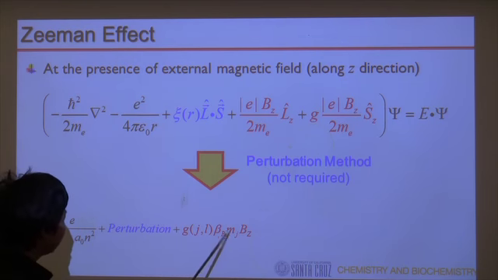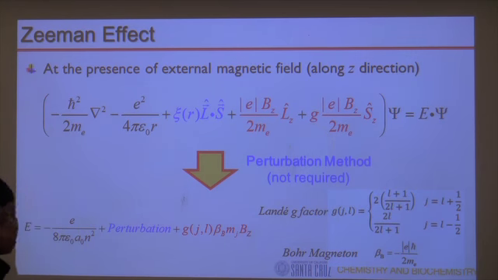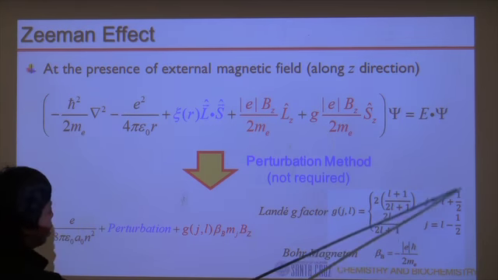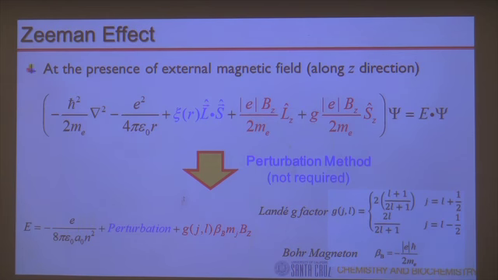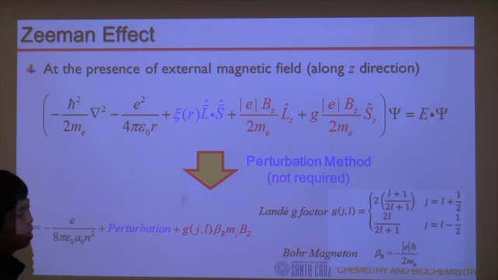So we have several terms here. So here's the g factor. It depends on L and S. The 1/2 is actually the S value. And you have different situations and different J values. And beta is the Bohr magneton, which is also a constant. You can plug in some values into it and evaluate.